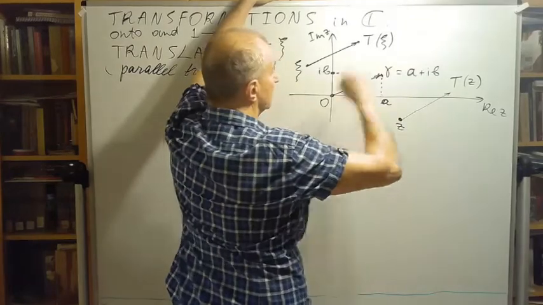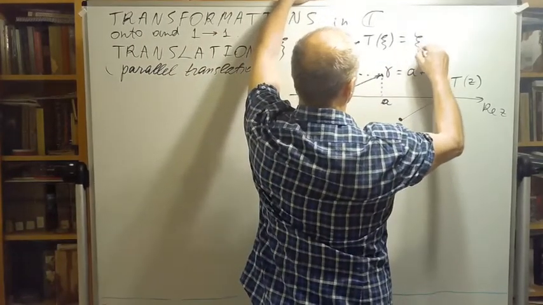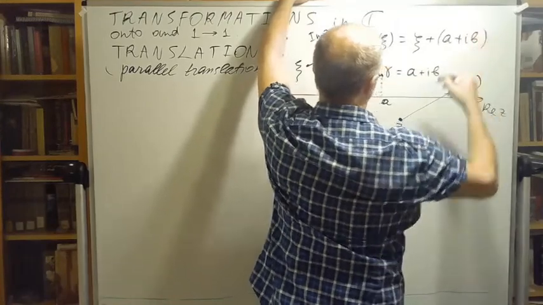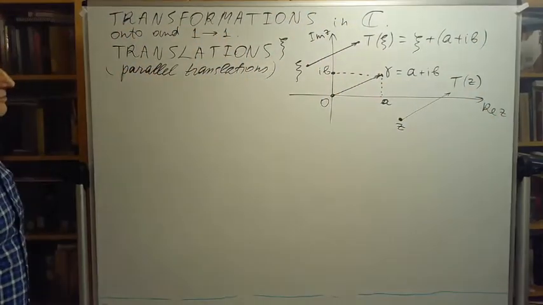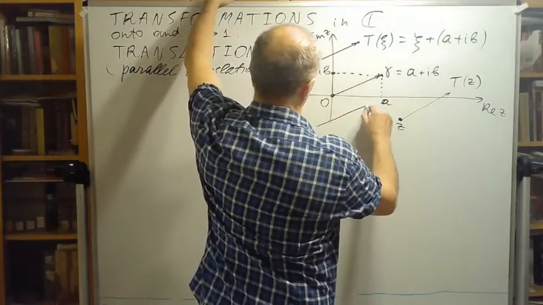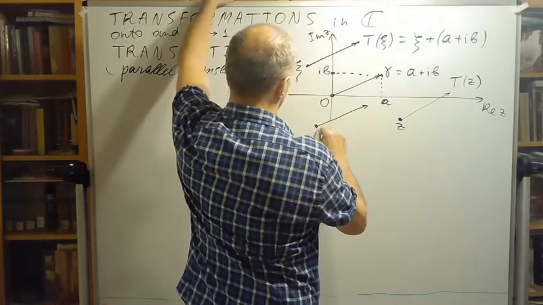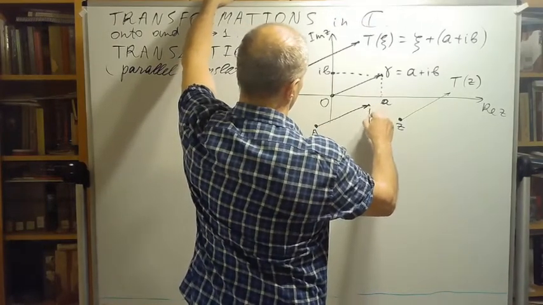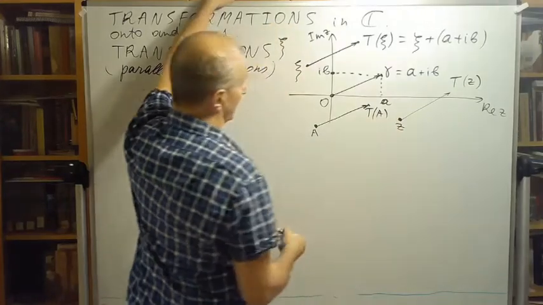And what exactly is it going to be? It will be xi plus A plus IB. And a similar thing will happen to every point in the plane. This point A will be translated into this point, t of a.